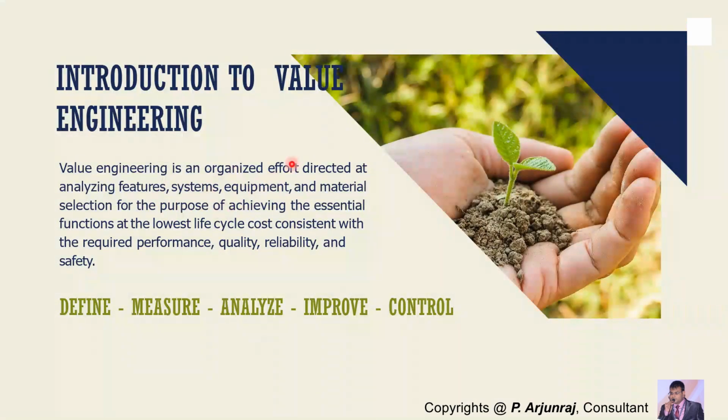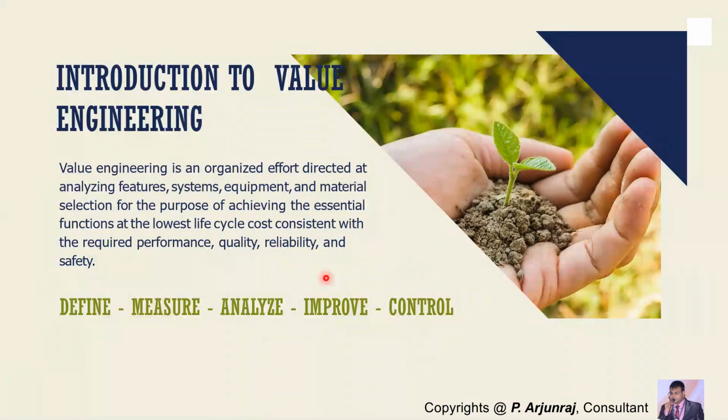It can be the system or machines or equipment or material, whatever it is. So that's why I put it as a requirement. You are going to have the specific requirement, and those specific requirements would also meet the performance, quality, reliability, and safety. So this is the basics, or the definition I can say, for value engineering.